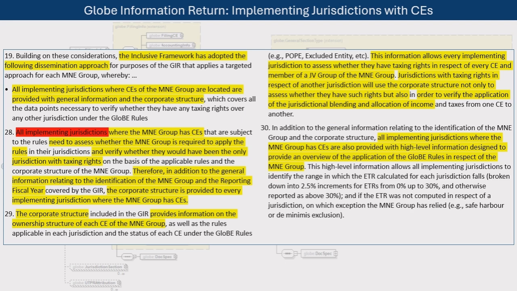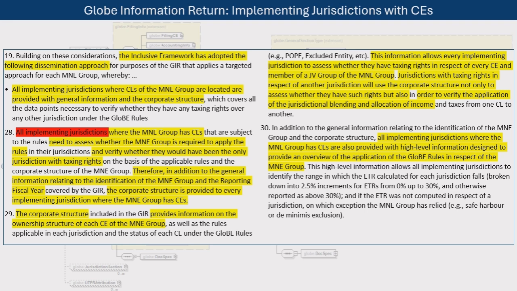And then here we come to something which I think might look like access to summaries, and then it might mean that every constituent entity jurisdiction gets all the summaries, because it says, in addition to the general information relating to the identification of MNE groups and the corporate structure, all implementing jurisdictions where the MNE group has CEs are also provided with high-level information designed to provide an overview of the application of the GloBE rules in respect of the MNE group.